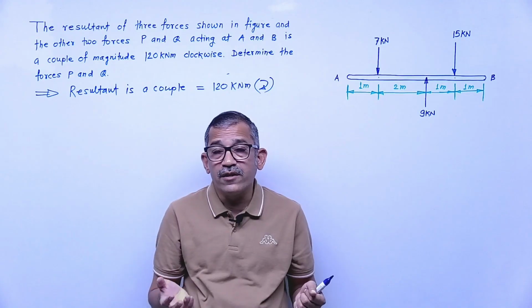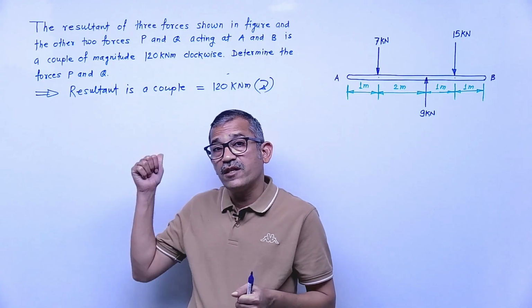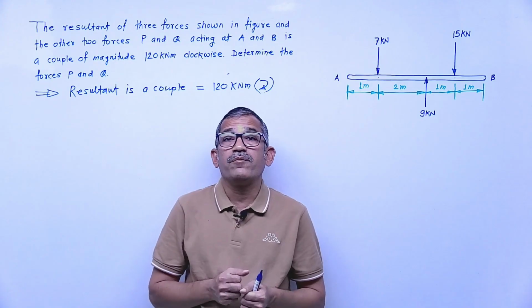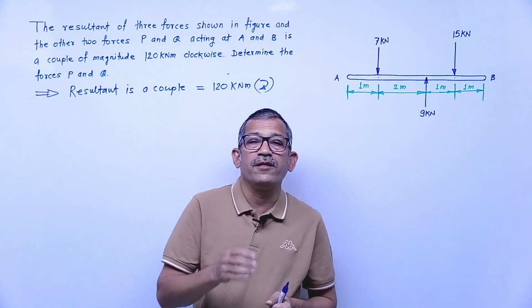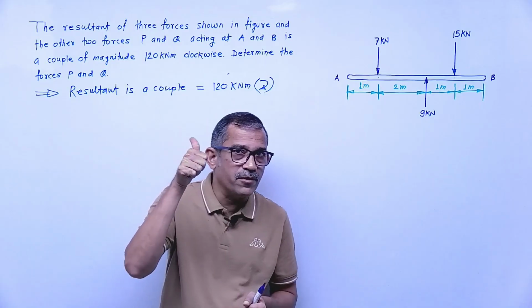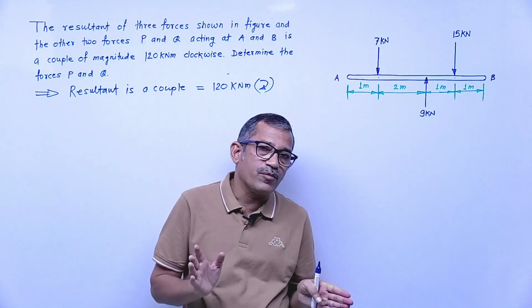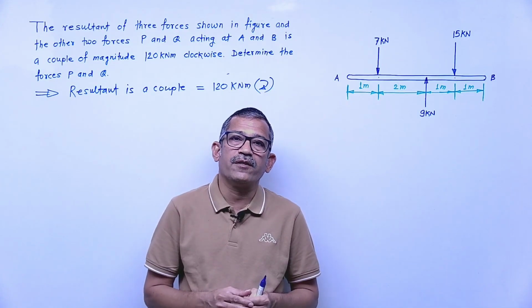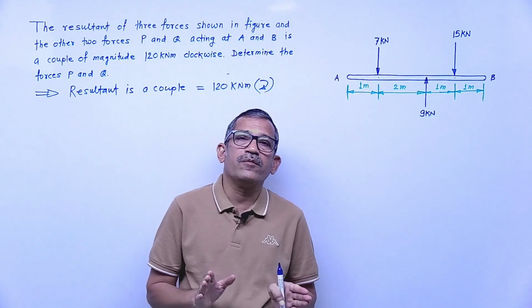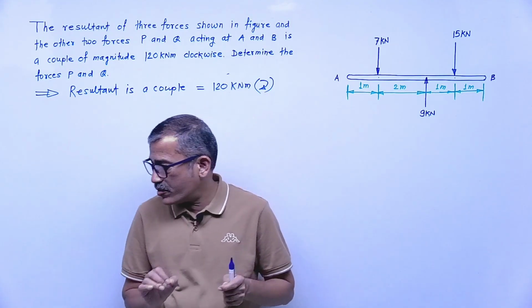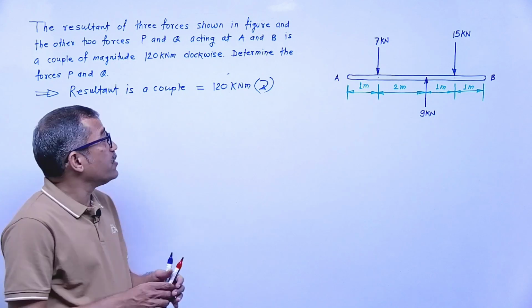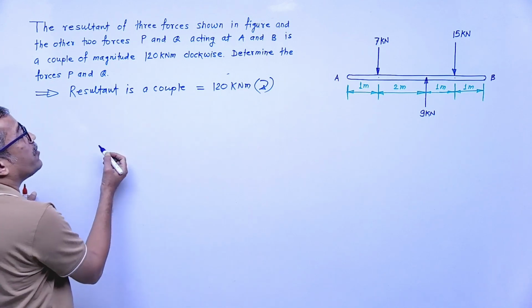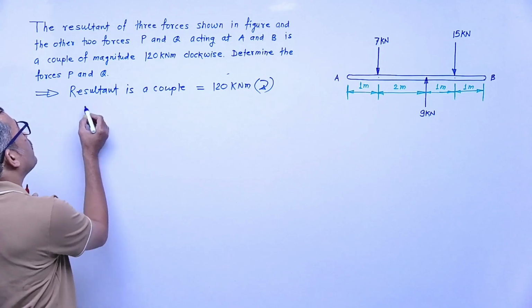Means whenever resultant of given force system is given as a couple, that means resultant force is definitely 0. Always keep in mind, whenever resultant of any force system is given as a couple of some magnitude in some direction, that means resultant force is 0, right?